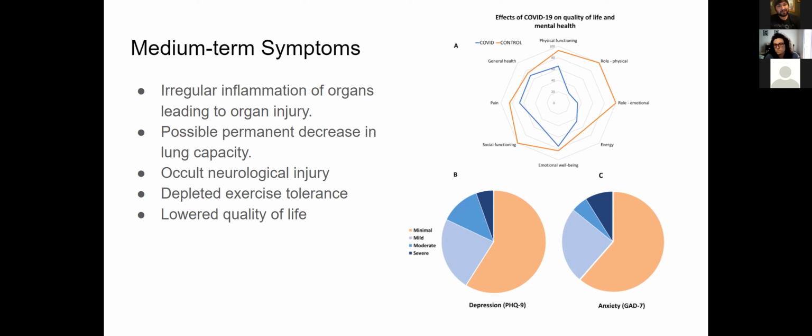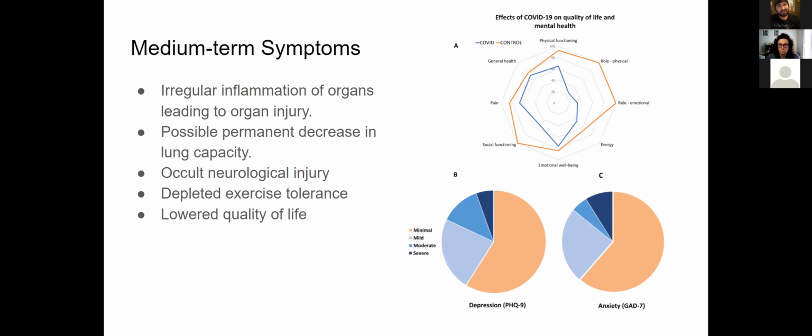Occult neurological injury, where there was inflammation in their heads, like in their brains, that caused multiple injuries and caused them to maybe lose capacity to do certain things or never really recover in the way that you would expect with somebody who had like a concussion or something like that.